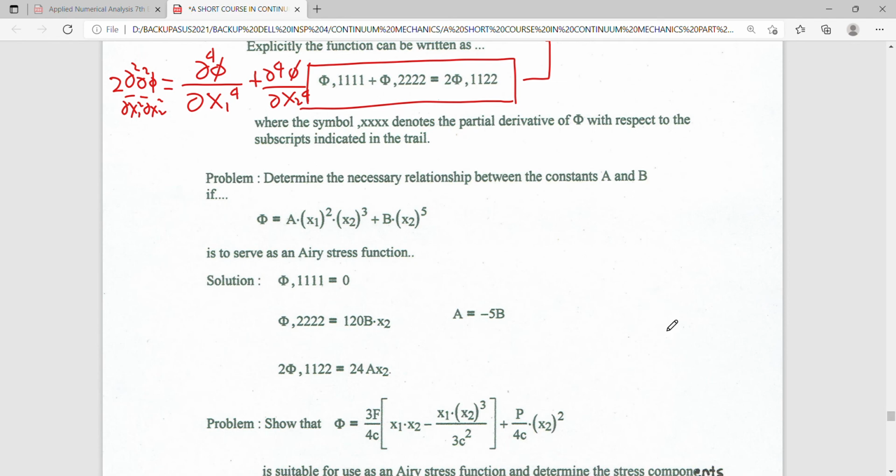So first we differentiate. We need to get phi comma 1 1 1 1. How do we do this? We differentiate with respect to x1 four times.